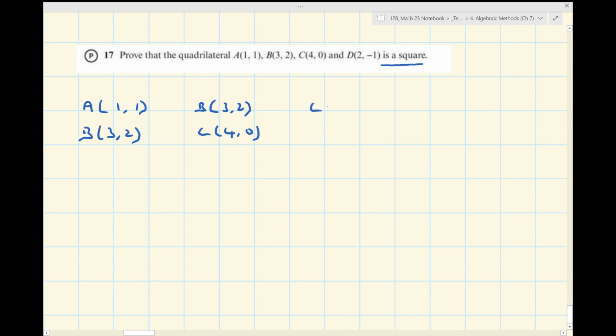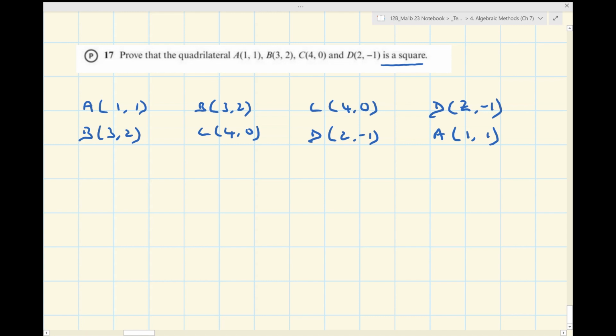One of the sides is CD, and one of the sides is DA. What I'm going to do is find the length of all four sides, and if all four sides have an equal length, then it's either a square or a rhombus, and then I'm going to confirm that the gradients mean that these sides are perpendicular to each other.